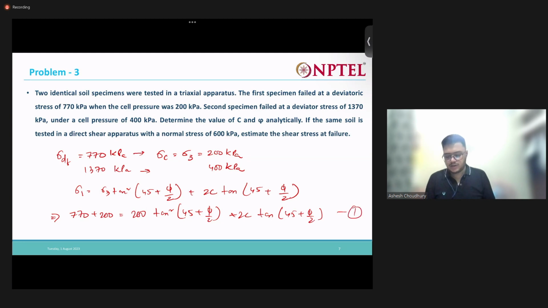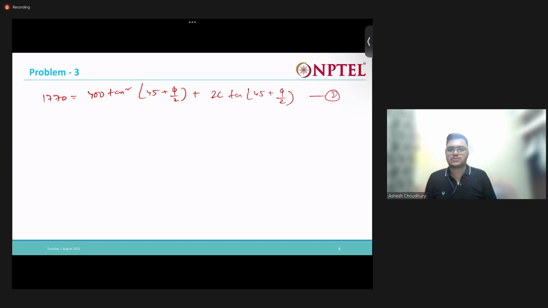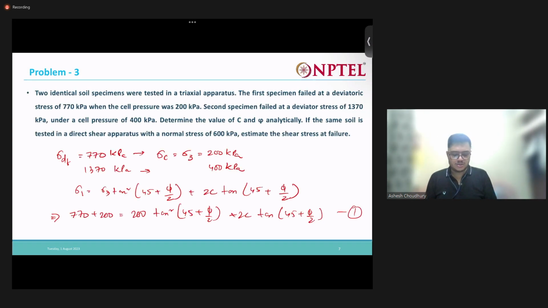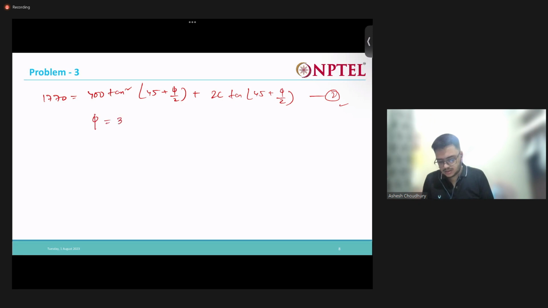So this is one equation, and similarly we will get another equation: 1370 plus 400 equals 400 tan square (45 plus phi by 2) plus 2c tan (45 plus phi by 2), right? If we solve these two equations, we will get phi as 36.87 degrees and c as 42.5.